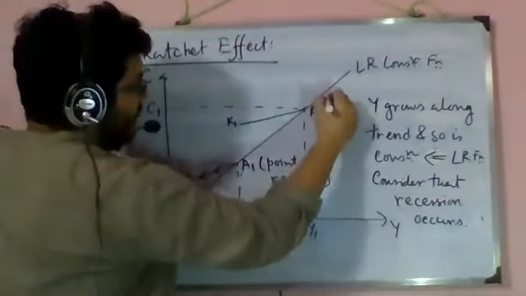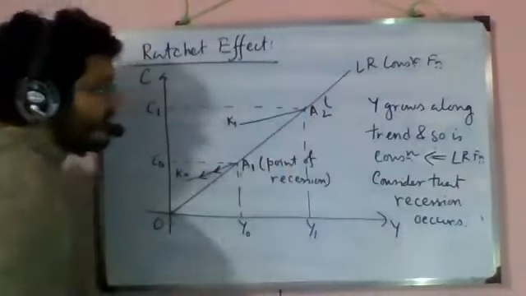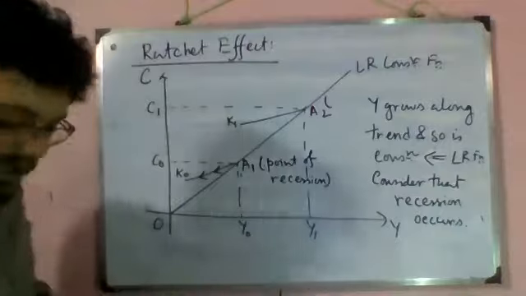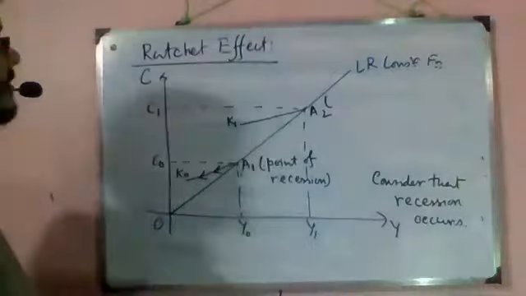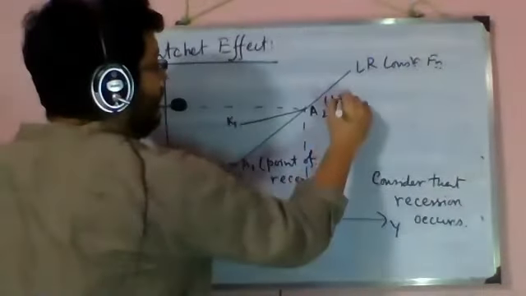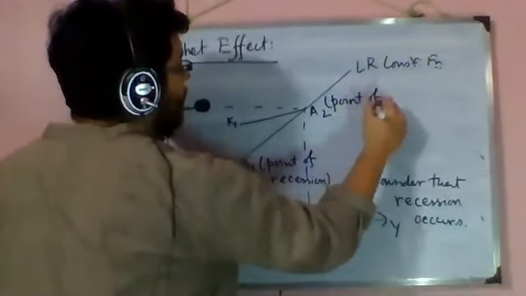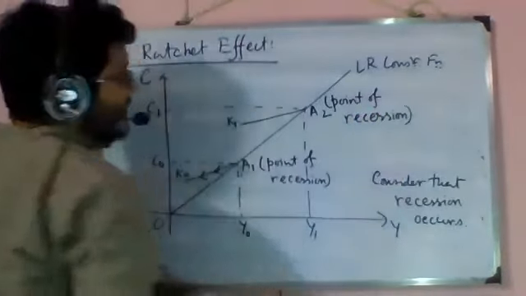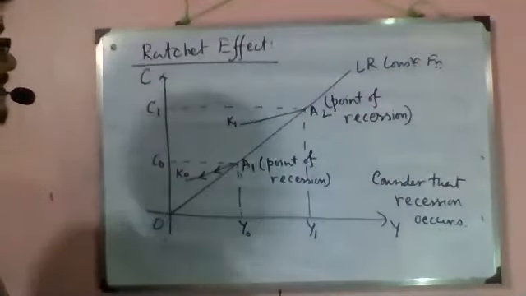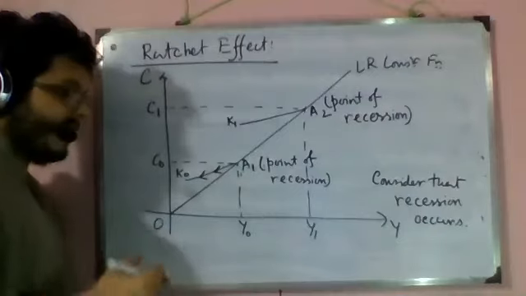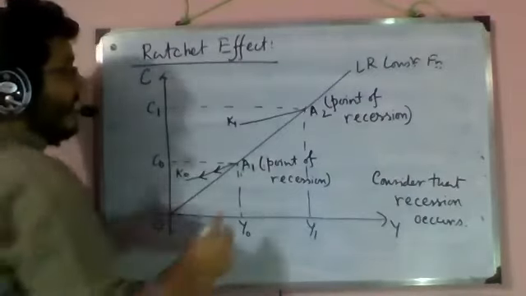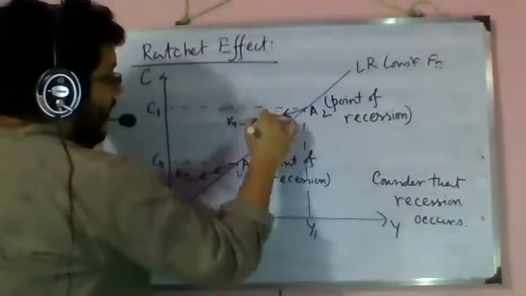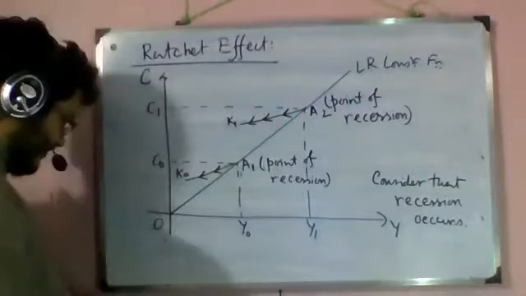And also in A2, we have considered the same scenario that another recession occurs. So another point of recession. What we are saying is that when recession occurs, since it is difficult to reduce consumption at par with the reduction of Y, they will move along this line. Okay?